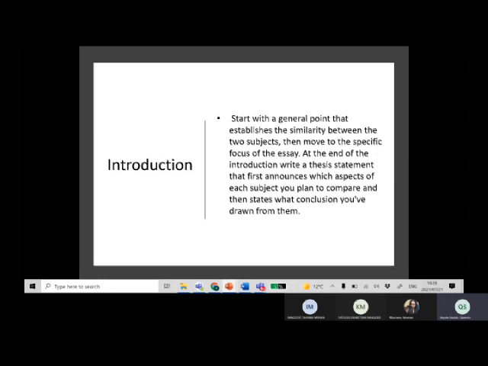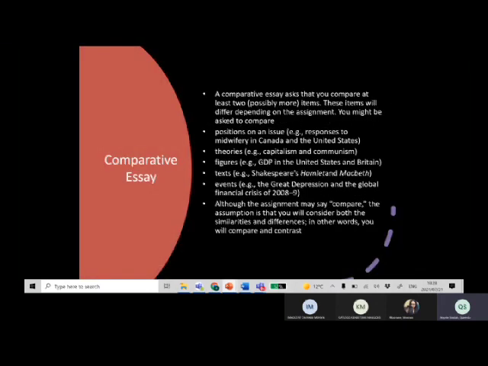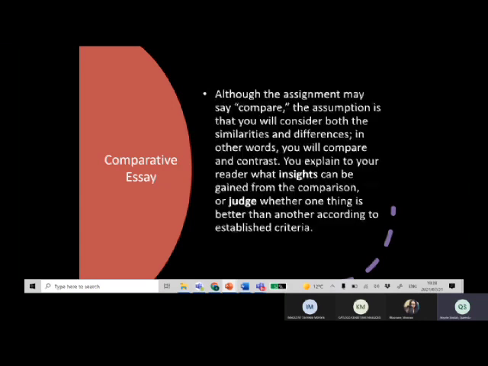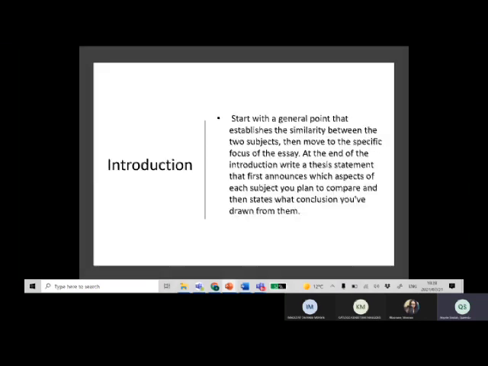Right? So with the comparative essay, you will present the two subjects. Let's assume you want to compare capitalism and communism. In your introduction, you start by introducing these two terms.